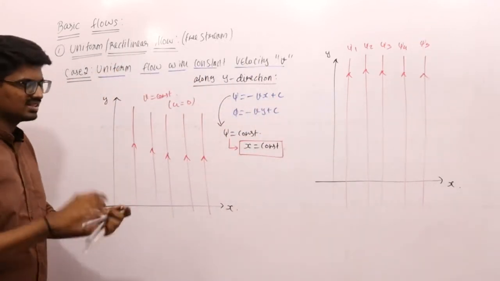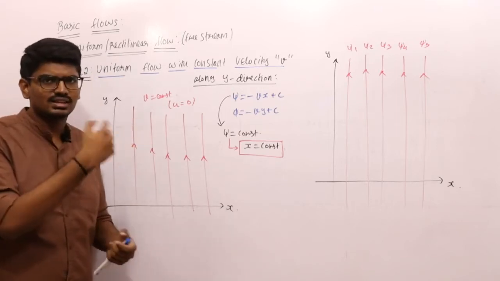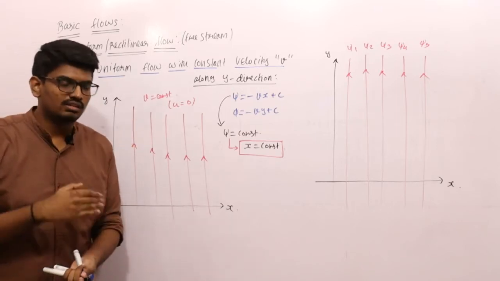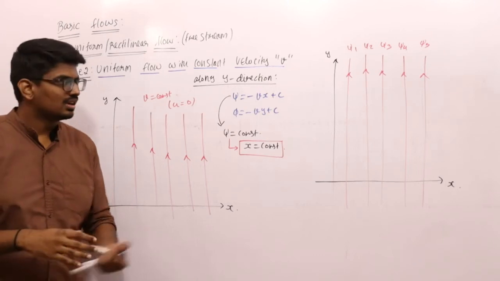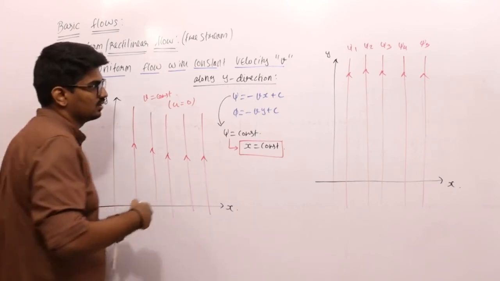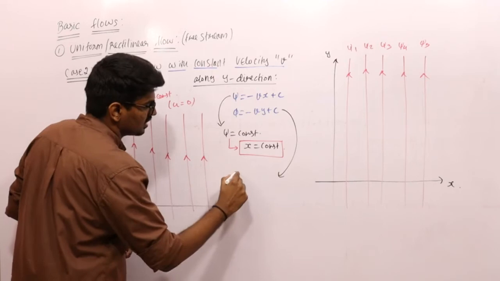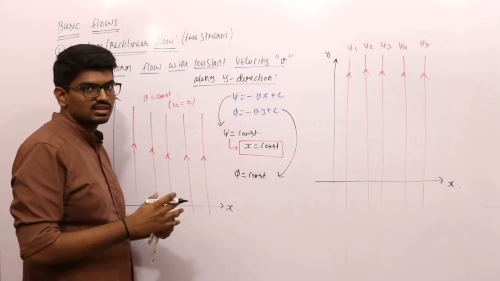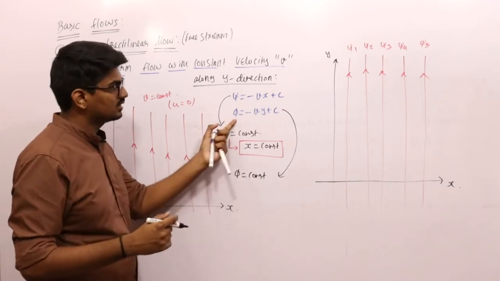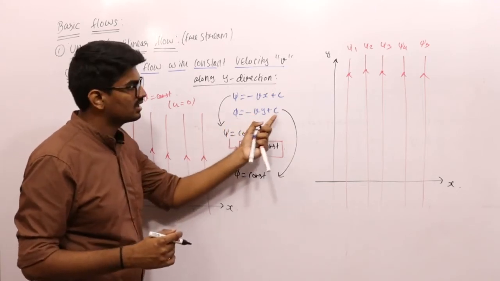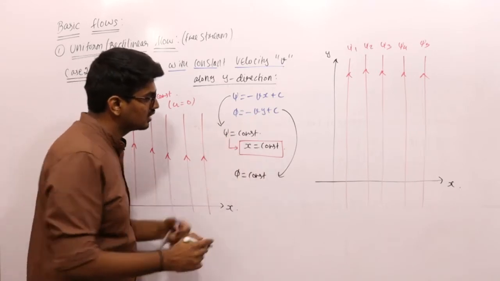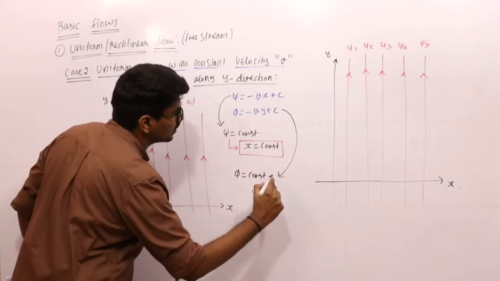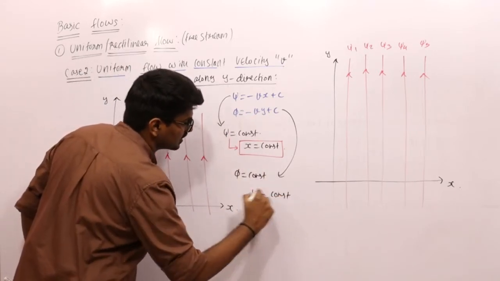Now, it's pretty obvious. You can directly say how the velocity potential function line will look, but we can get it from the equation also. So if I use this equation and put the velocity potential function as constant, that is phi is constant, and v is already constant, and c is also some integrating constant, so y will be equal to constant.